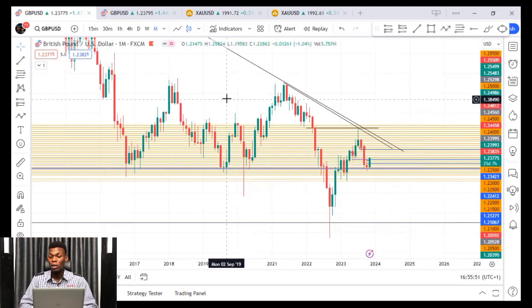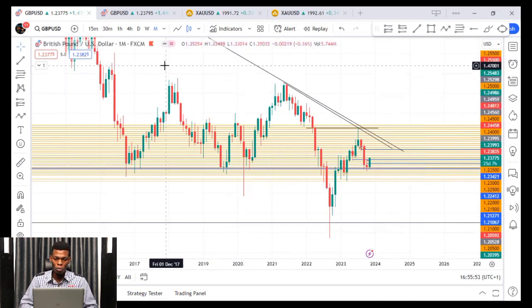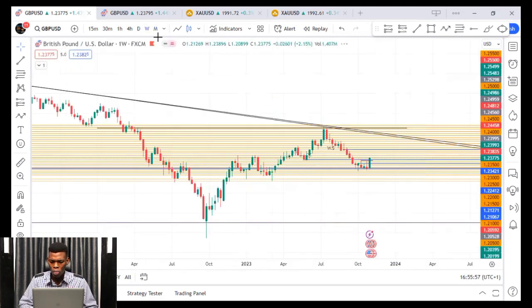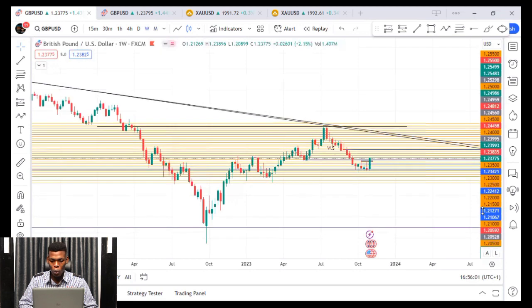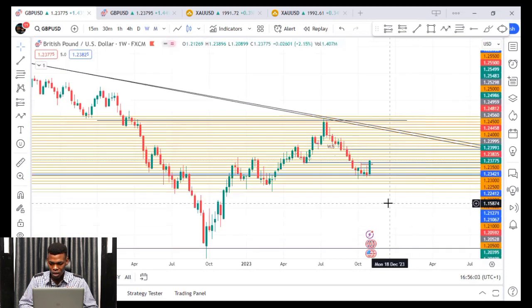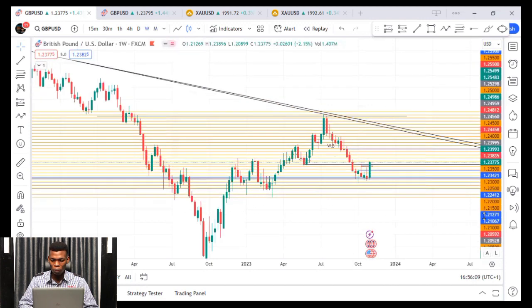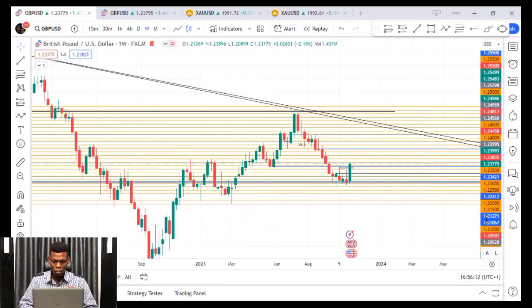But then we'll check a lower time frame now, which is the base time frame we mostly use for our analysis, the weekly time frame. So let's check the weekly time frame. Wow, do you see how the weekly time frame closed last week? See this strong bullish momentum. It is telling us the power of the buyers in this market.